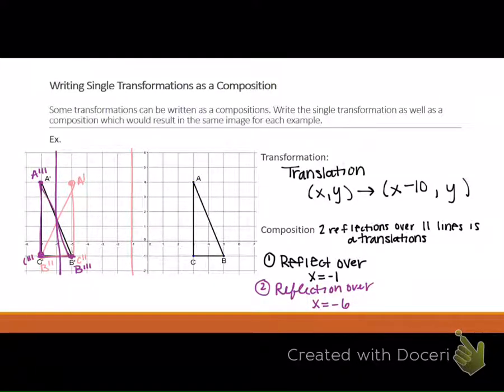The second one matters because it has to end up on top of it. But the first one, you could have reflected over any of these lines and then chosen the other one. It's dependent on that. Does that make sense?